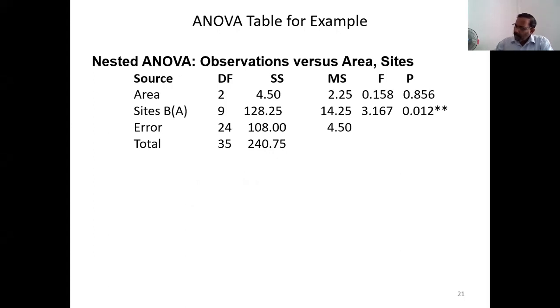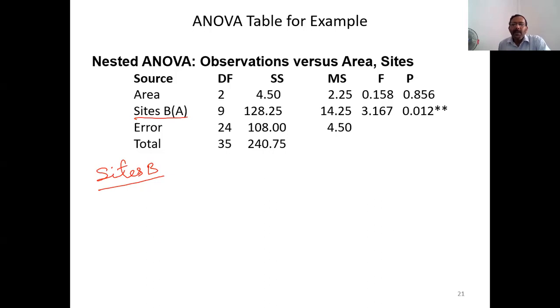Now we can test for site. Sites are indicated by factor B, but it is nested within A. So we are going to look at the sites. As I said yesterday, we cannot talk about interaction because all the combinations are not there.